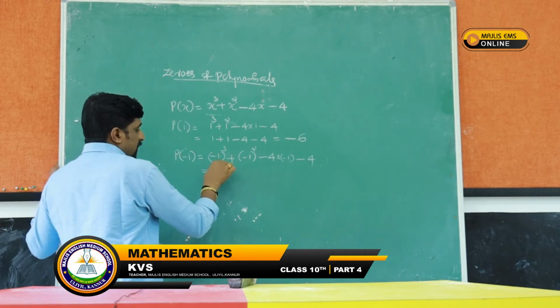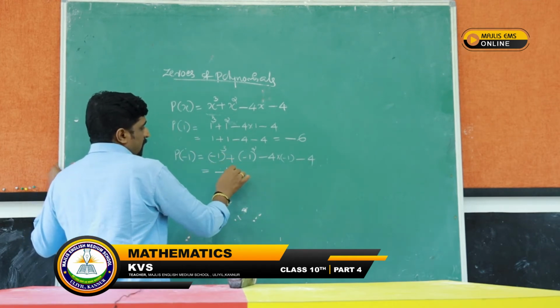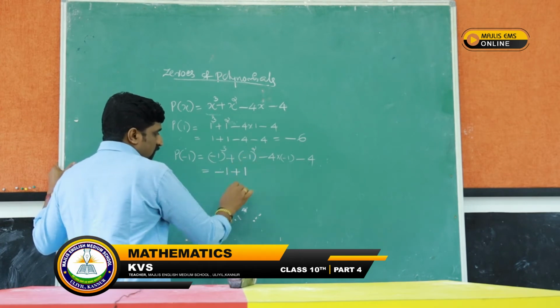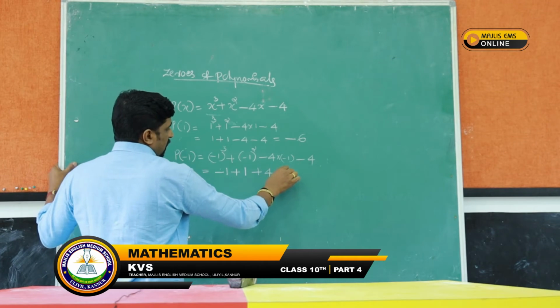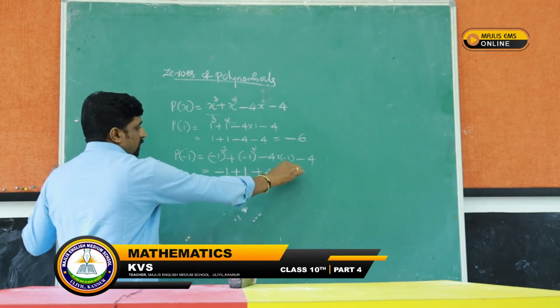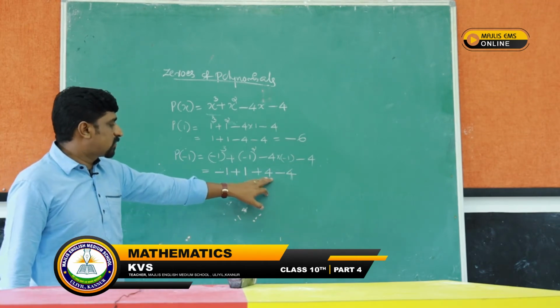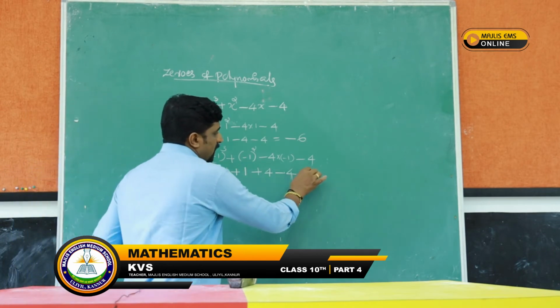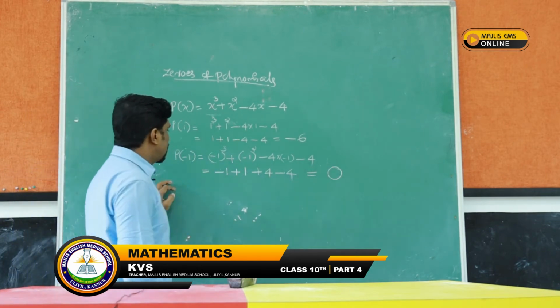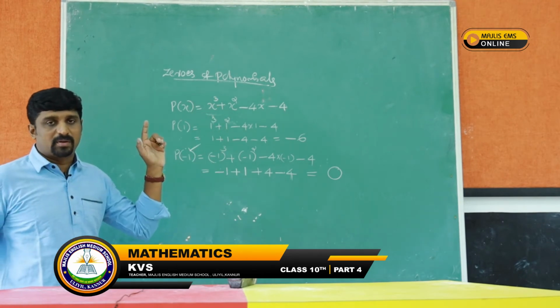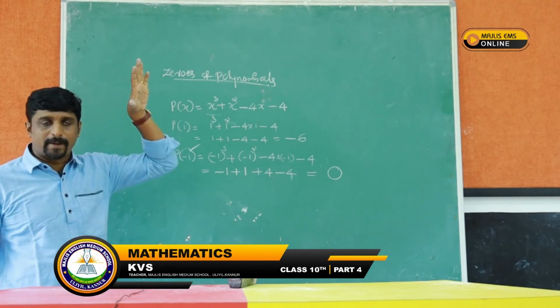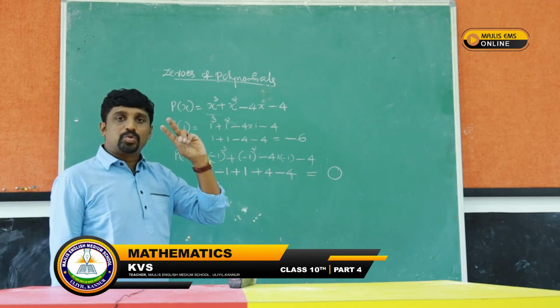Here minus 1 cube is minus 1, plus minus 1 square is 1, minus 4 into minus 1 is plus 4, minus 4. When we consider 1 plus 5, 5 minus 5, we got answer 0. Therefore, minus 1 is a 0 of this polynomial, because we got answer 0. Only one of them we got now, 2 more remaining.